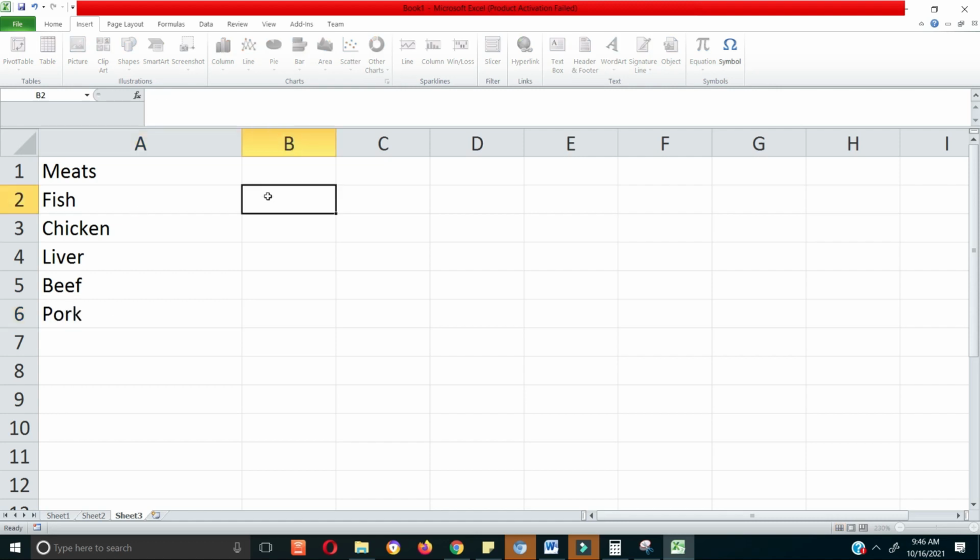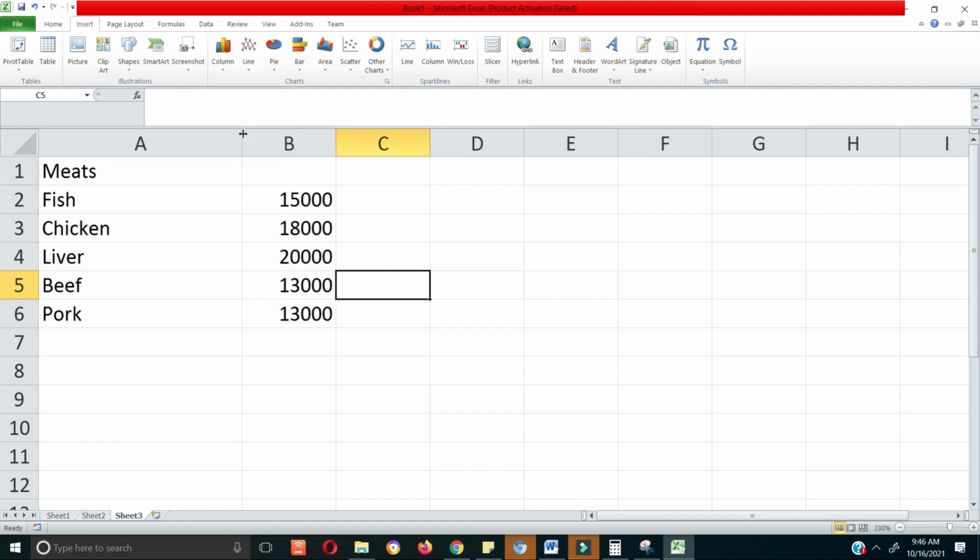So fish could cost maybe 15,000 a kilo. Chicken could cost maybe 18,000 a kilo. Liver could cost 20,000 a kilo. Beef could cost 13,000 a kilo. Maybe this is also costing 13,000 a kilo.